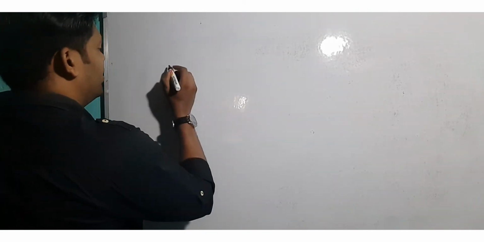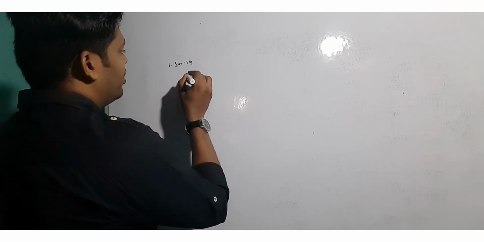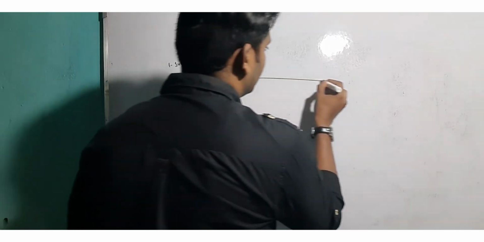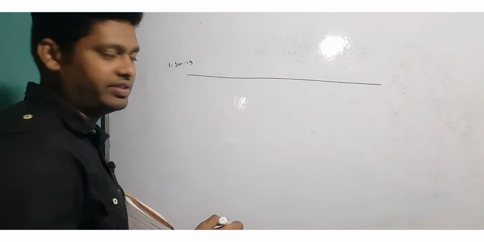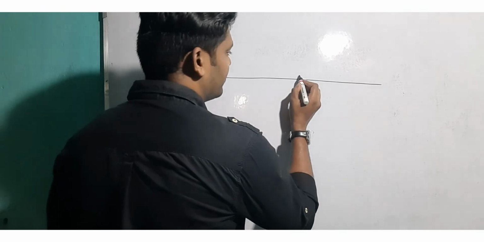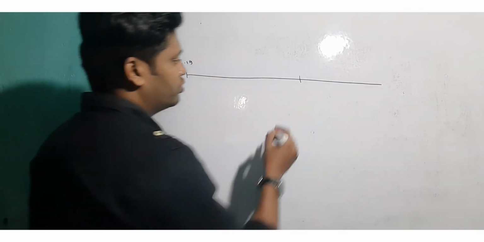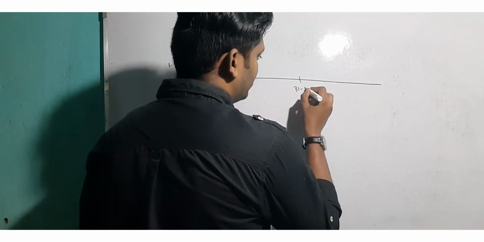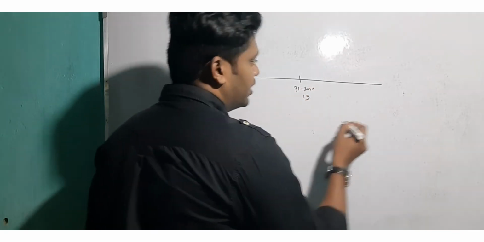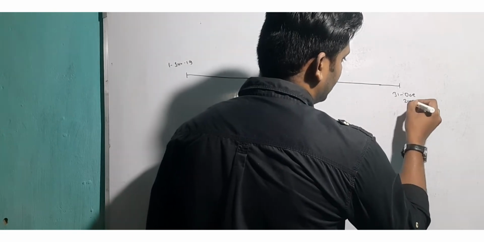For example, first January 2019, I have taken a loan. This is the timeline, the time axis. This is 1st January, and then January, February, March, April, May, June, so 30th June 2019, and this will be 31st December 2019.